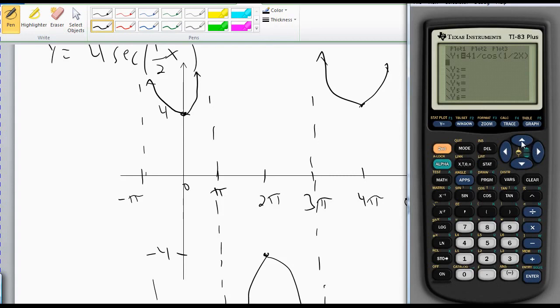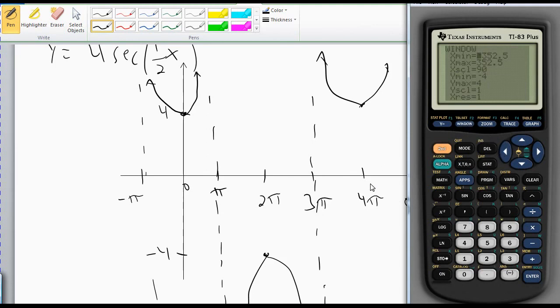That's actually not correct, by the way, because I need to put a times in there because it looks like 41. Second, insert times. Let's see how that looks. What happened here? I probably need to change my window.